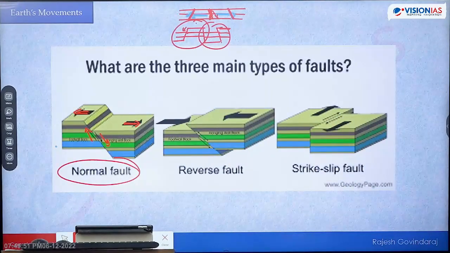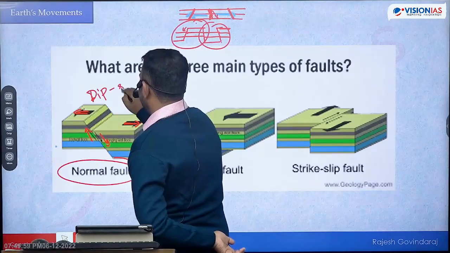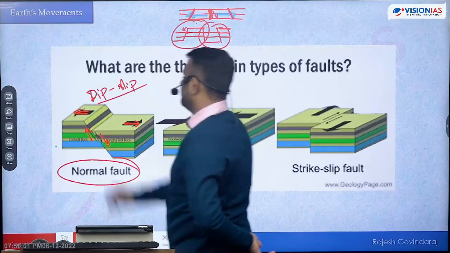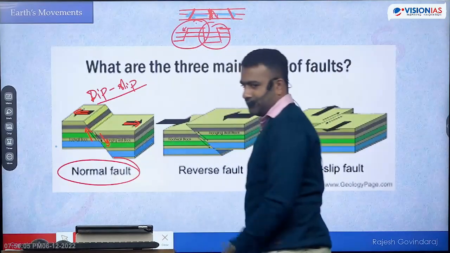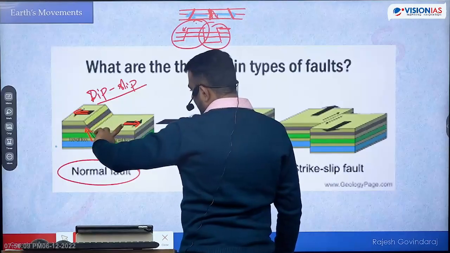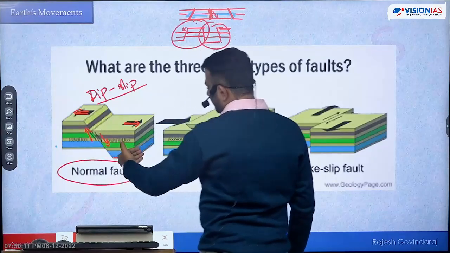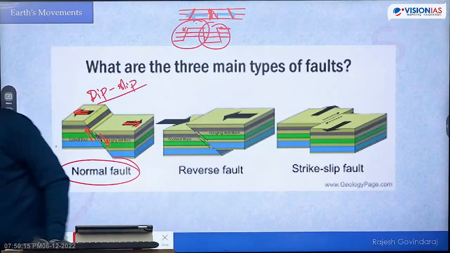It is also called as dip-slip fault. A fault where one block is moving downward in relation to another one. In a relative sense it is moving down. That is what is called as dip-slip fault.